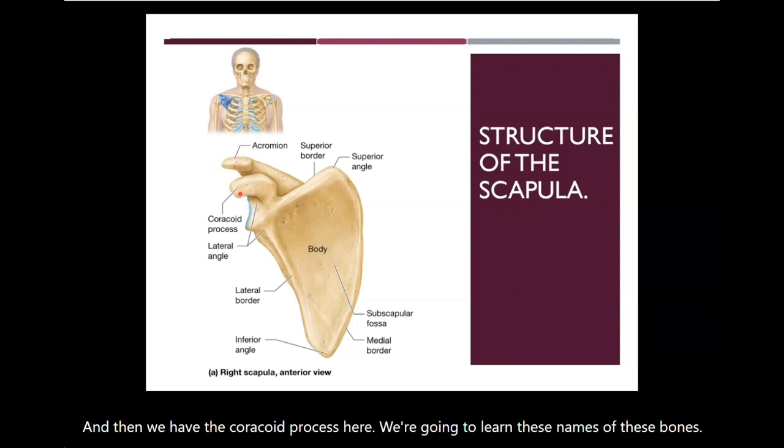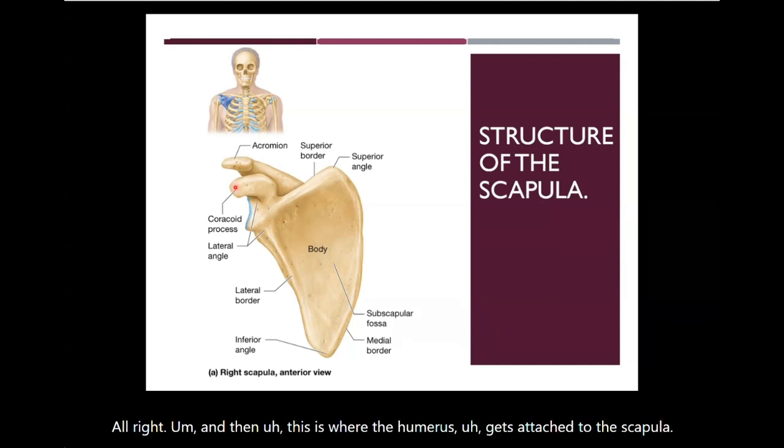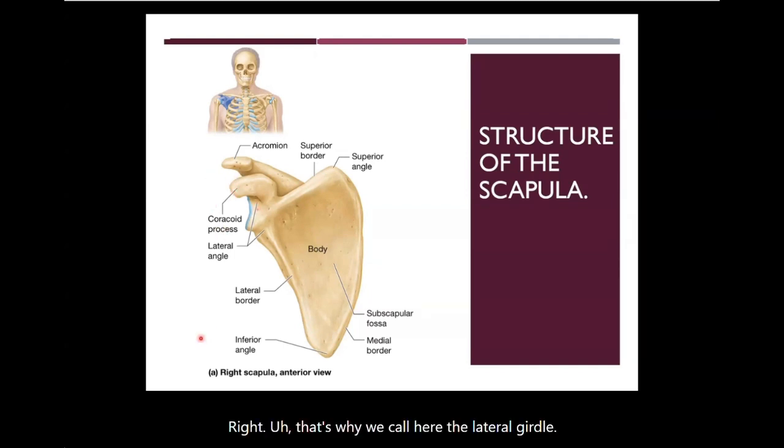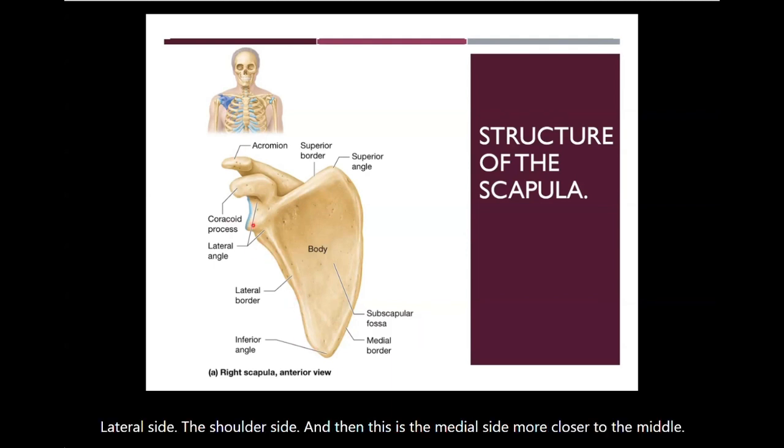And then we have the coracoid process here. We're going to learn the names of these bones. This is where the humerus gets attached to the scapula. That's why we call it the pectoral girdle. So this side is the lateral, the shoulder side, and this is the medial side, closer to the middle.